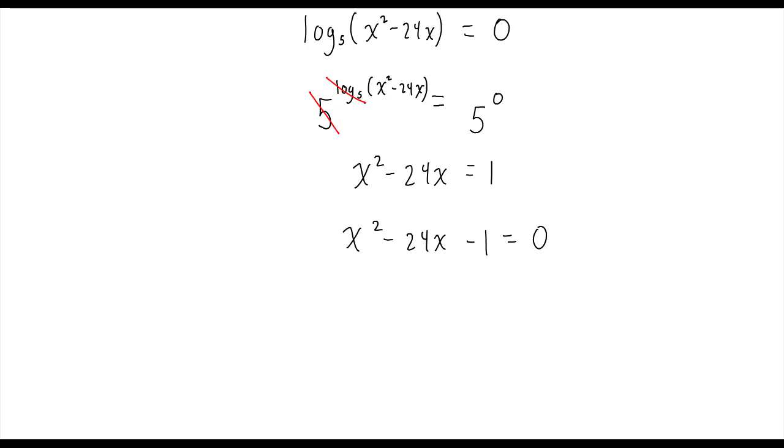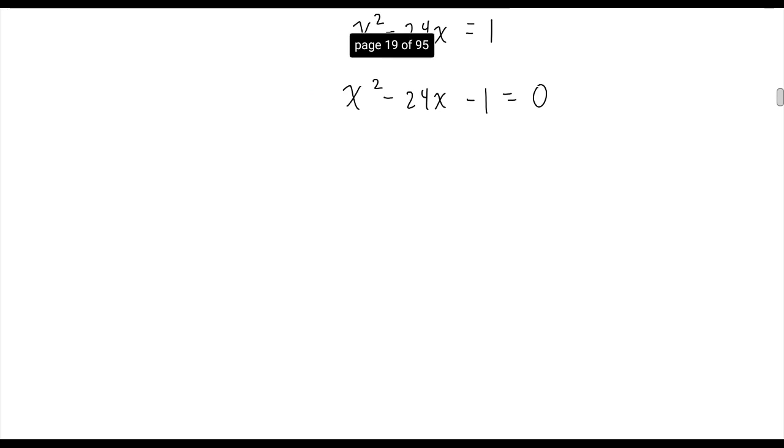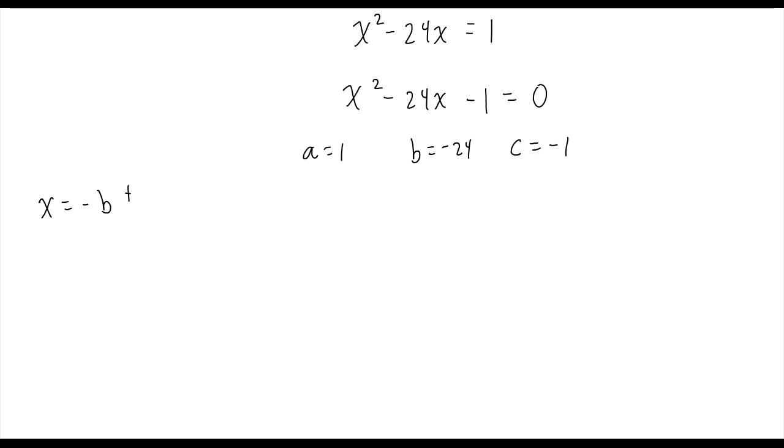Okay. Now this one is not factorable, so let's go ahead and use the quadratic formula. A is 1, right, the understood number in front of x squared. B is negative 24, the number in front of x. And C is the constant, negative 1. So if you remember the quadratic formula, x is negative b plus minus square root b squared minus 4ac over 2a.